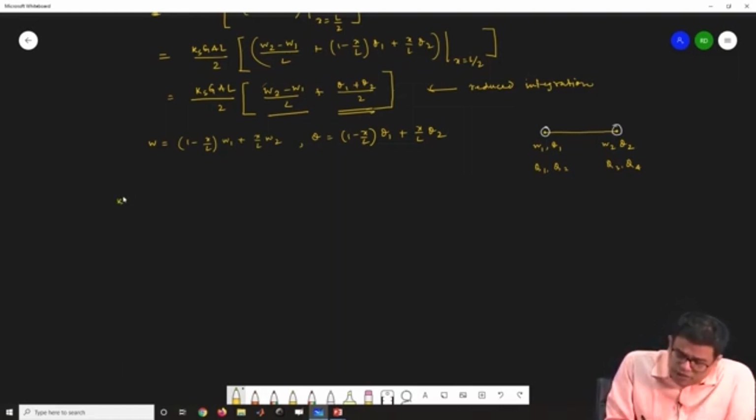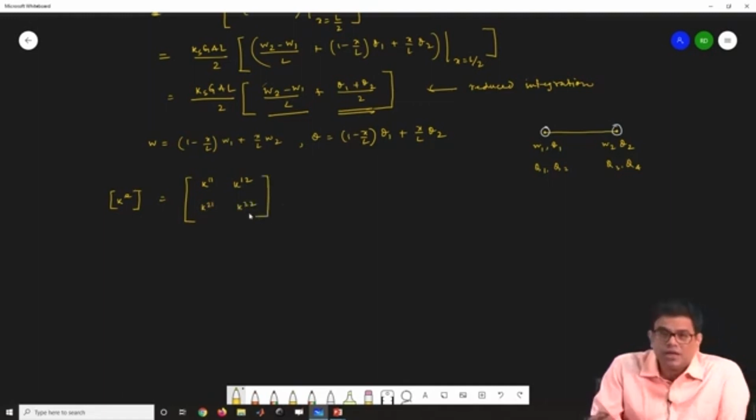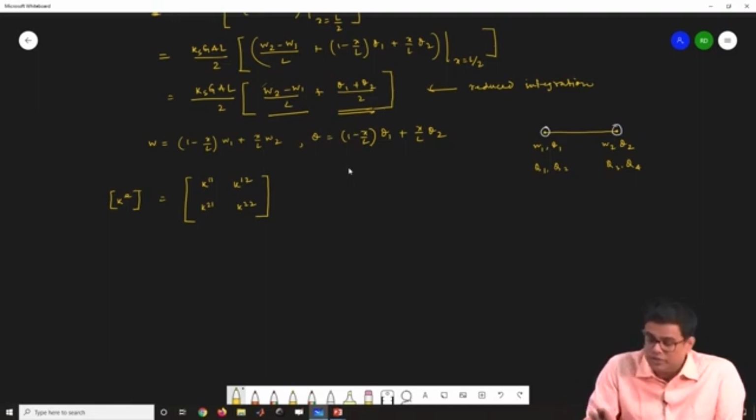If you remember, Ke is a block matrix, that is K11, K12, and this is K21 and K22. Now K12 and K21 are transposes, so we know that. Since the bilinear form is symmetric, the stiffness matrix will be symmetric.